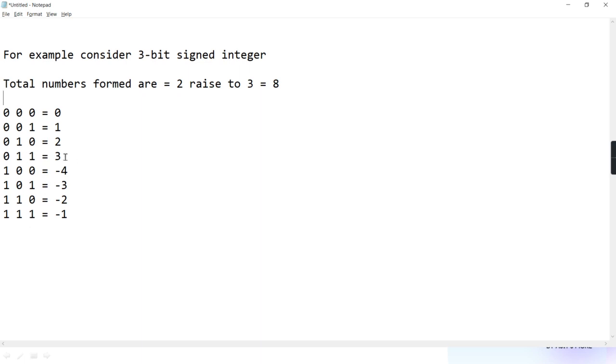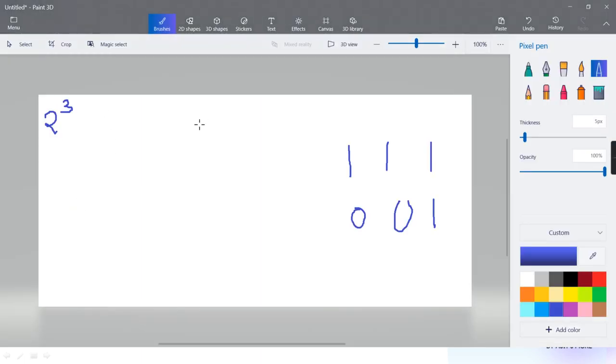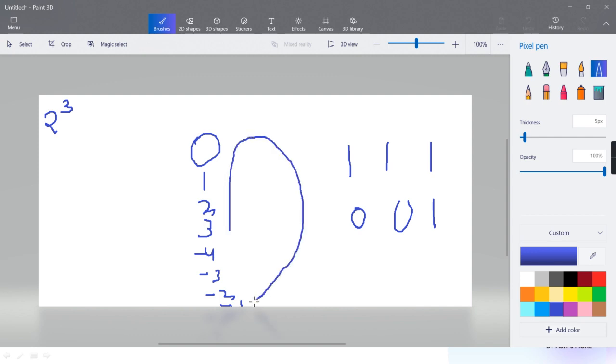Is the minimum and maximum like this? 0, 1, 2, 3, minus 4, minus 3, minus 2, minus 1. In a cyclic way, one side is the highest, 3, and the other side is the minimum, minus 4.